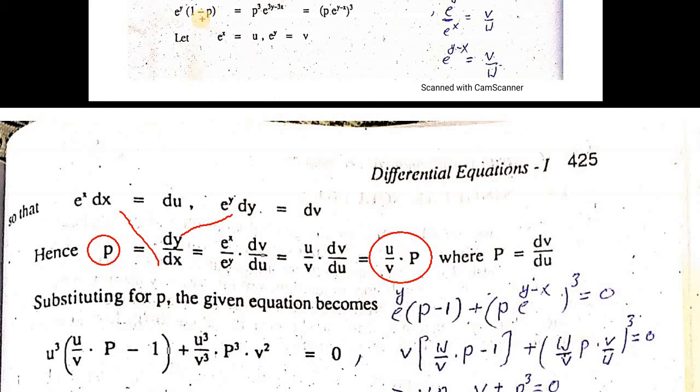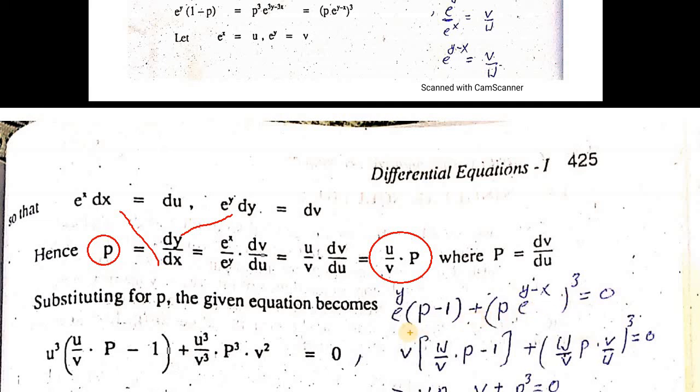Now if we take negative from here, it will become e power y (p minus 1), and here will be negative. If we take this negative term to this side, then it will become this equation.